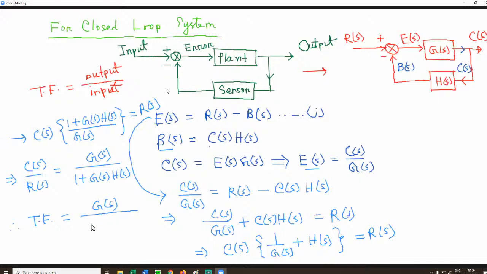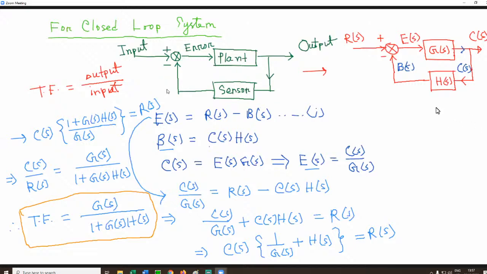GS, sir, by, it is related with the system and the feedback, sir. Yeah, so it has this transfer function GS by 1 plus GS into ASS. That is the transfer function for the given closed loop system, right?